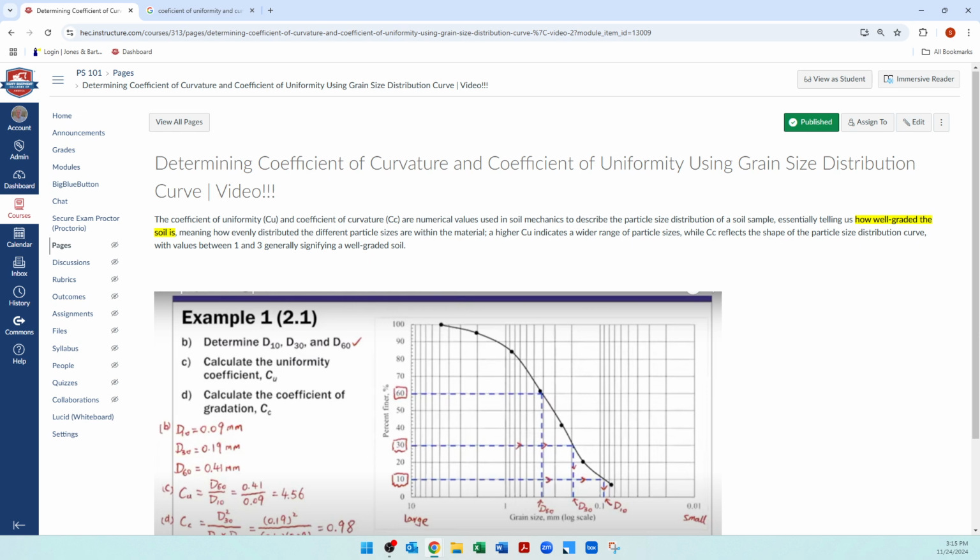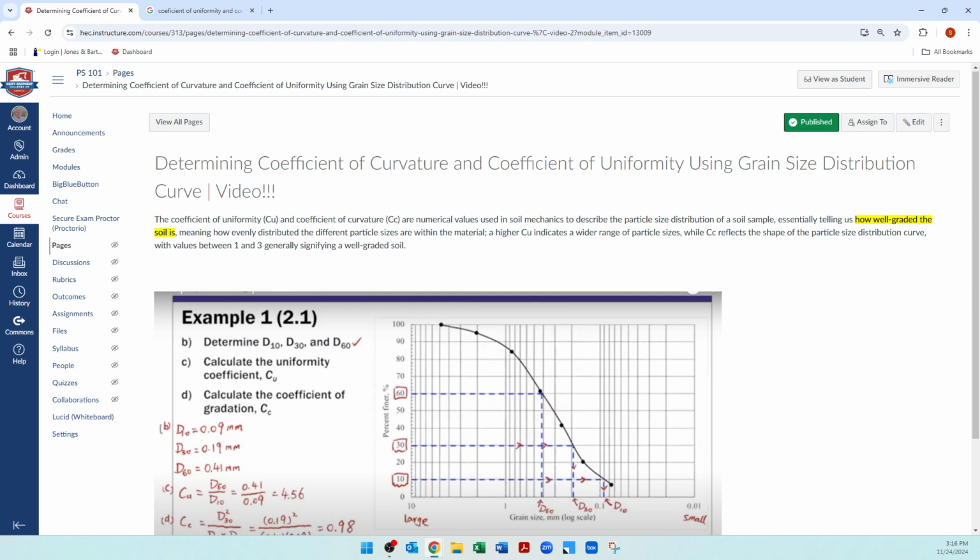The coefficient of uniformity, Cu, and the coefficient of curvature, Cc, are numerical values used in soil mechanics to describe the particle size distribution of a soil sample, essentially telling us how well graded the soil is, meaning how evenly distributed the different particle sizes are within the material.